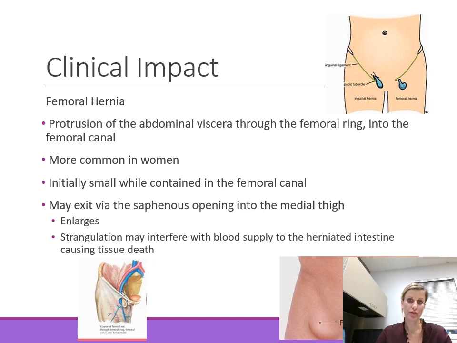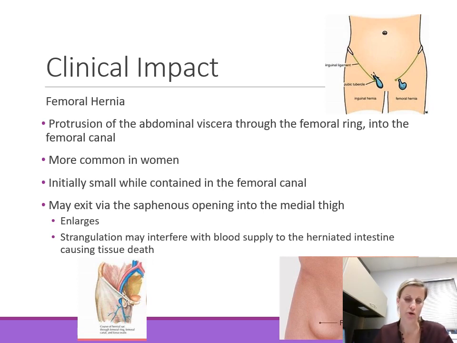A femoral hernia is a protrusion of the abdominal viscera. Typically, it's a loop of the small intestine that protrudes, but protrusion of some of the abdominal viscera through the femoral ring into the femoral canal. A femoral hernia is more common in women.